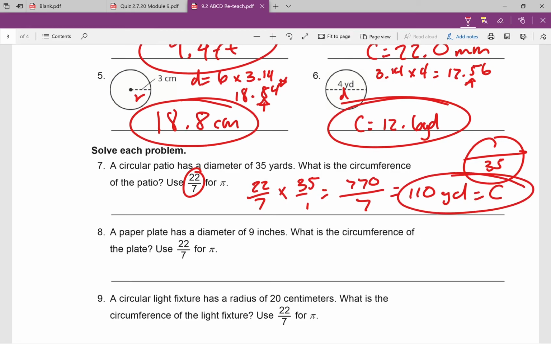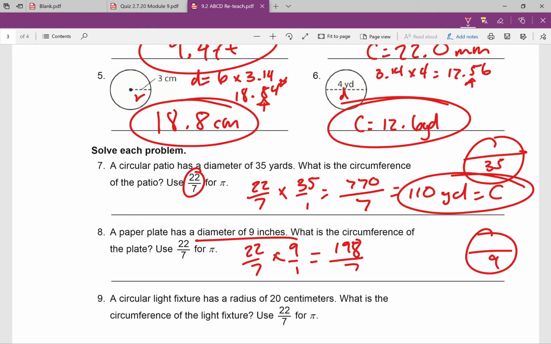That's the answer. Next one, diameter 9 inches. So it's 22 over 7 times 9. Put a 1 under to make it a fraction. 22 times 9 gives me 198 divided by 7.